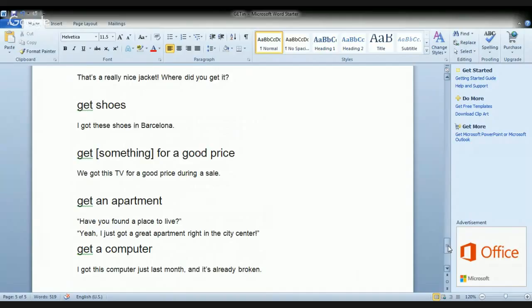Okay. Any other questions about anything? But using this example, is it correct to say I got a computer?